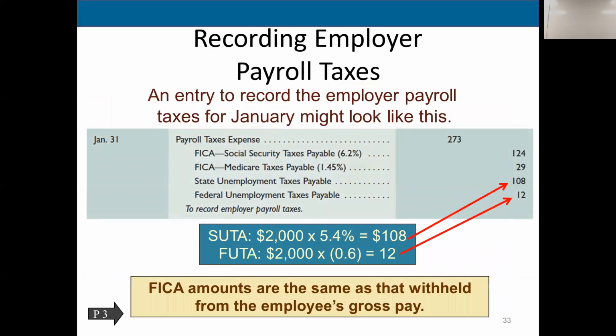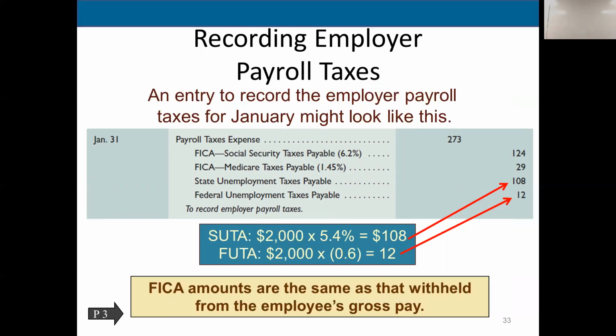So now what we're going to do is record your payroll taxes. Now we're the employer. So January 31st, payroll tax expense. Total expense was $273. But we have to account for and break that down into FICA, Medicare, and what I'm calling SUTA and FUTA.